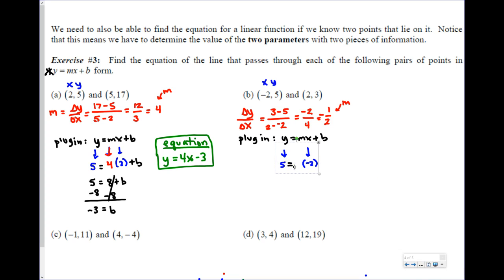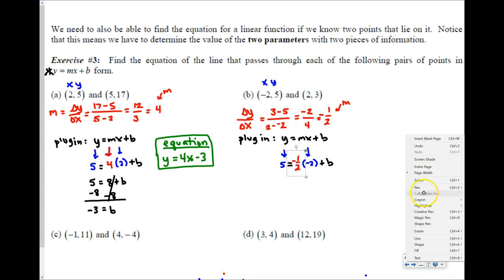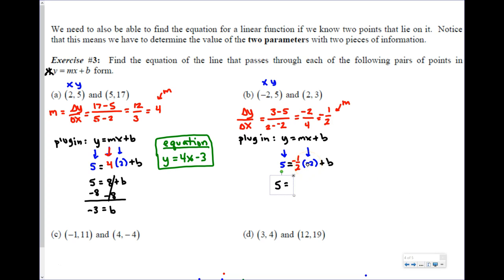This is going to equal, and then I've got to plug in my negative 1/2. And then I just have to find my b. Now we simplify and solve. 5 equals negative 1/2 times negative 2 will give me a positive 1, plus b.